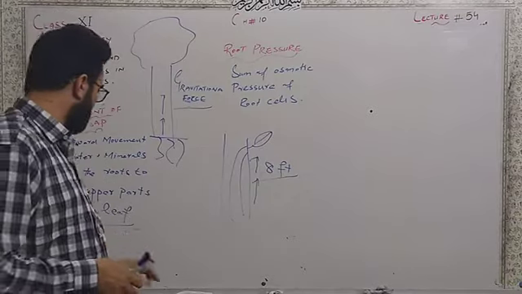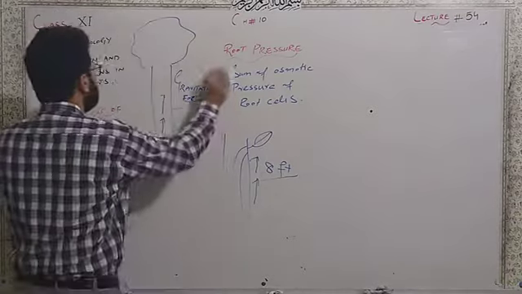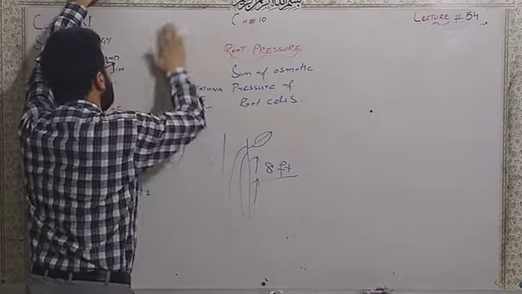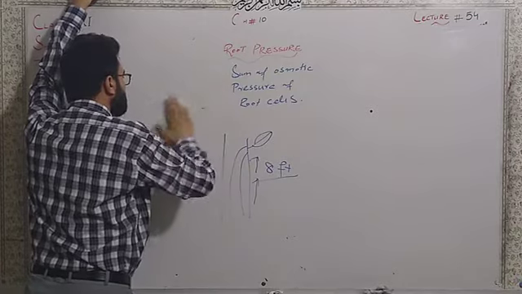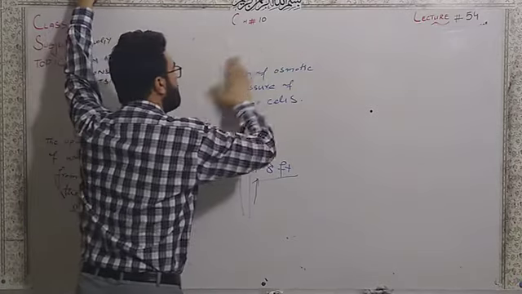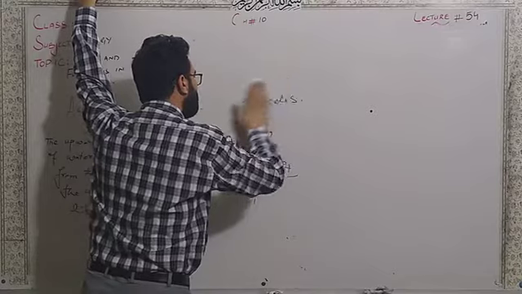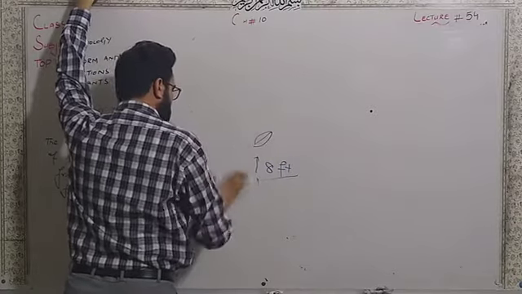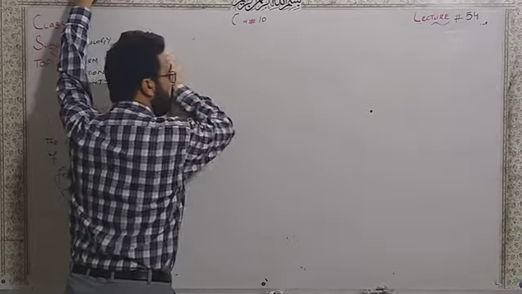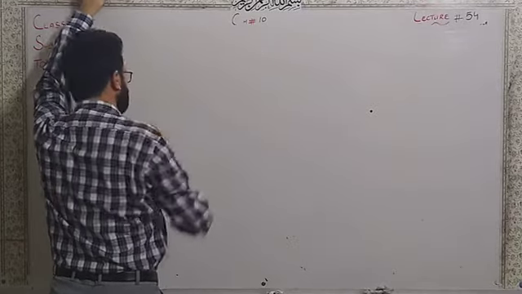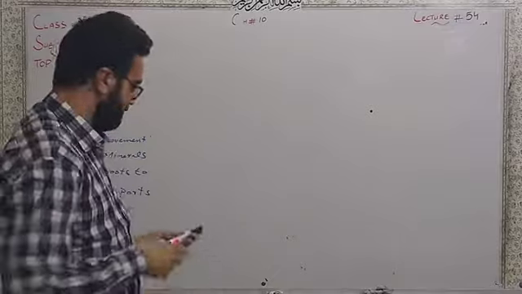So it's not suitable. A suitable explanation is the cohesion tension theory or the TECT force, and this is also called the Dixon-Joly theory of transpiration pull. So now let's expand TECT.